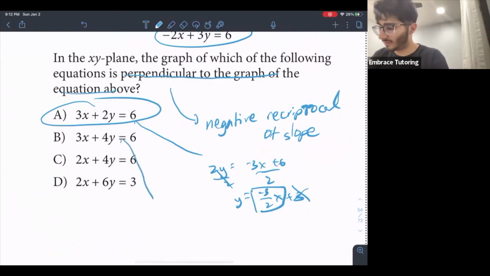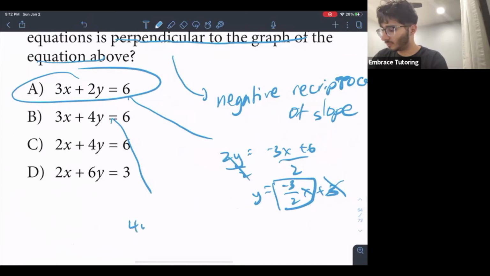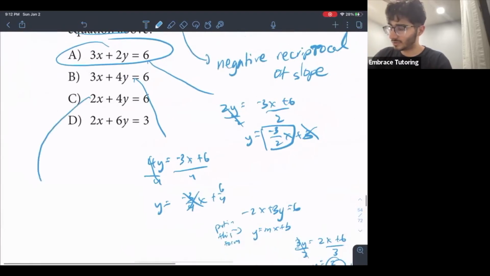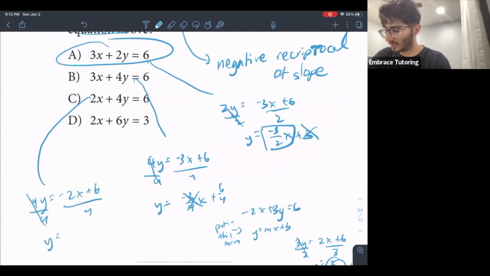So now if we do B, we get 4y is equal to negative 3x plus 6, divided by 4 on both sides. You get y is equal to negative 3 over 4 x plus 6 over 4. This is wrong because it doesn't match. Let's try C. You get 4y is equal to negative 2x plus 6, divided by 4 on both sides. y is equal to negative 1/2 x plus 6 over 4.